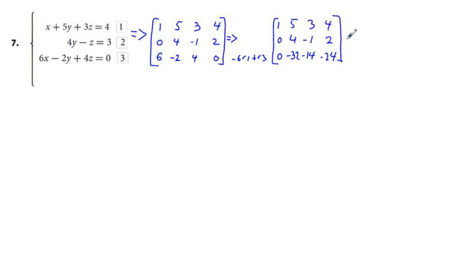And then continuing to the right, on this bottom row, we're going to take 8 times row 2 plus row 3.